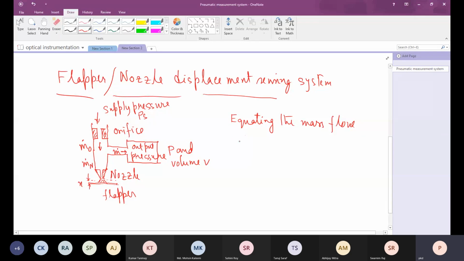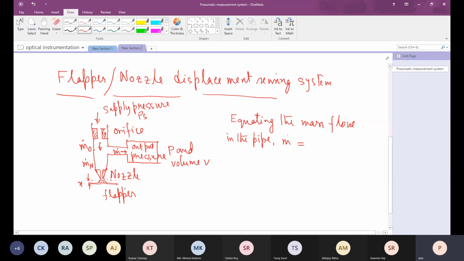Sir, could you please repeat that part about back pressure? Actually the mass flow rate will be controlled depending on the vicinity of the flapper, and also the pressure will be controlled.